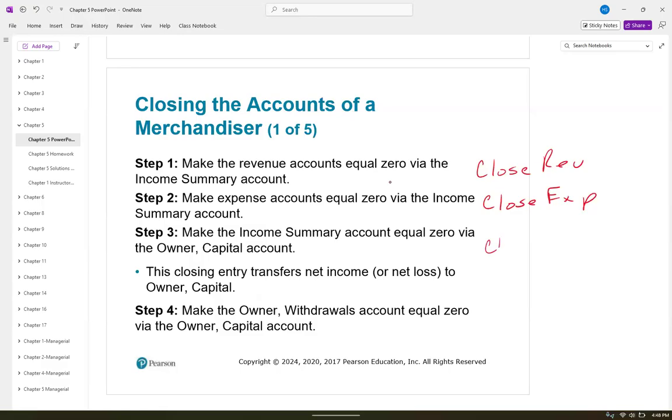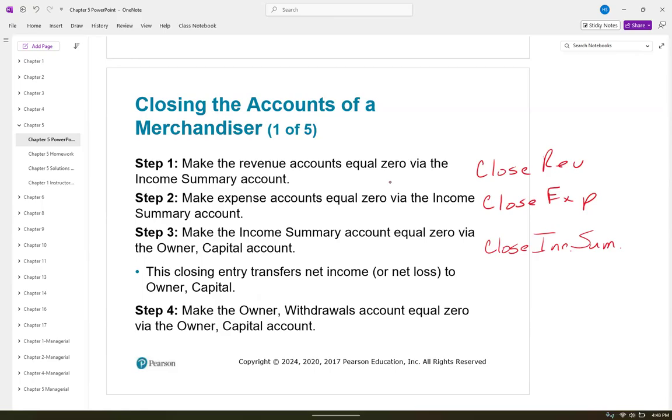So we will close the income summary. And then the very last step, we would close the withdrawal account. A merchandiser is probably not going to be a sole proprietorship, but nonetheless, this is the closing process.